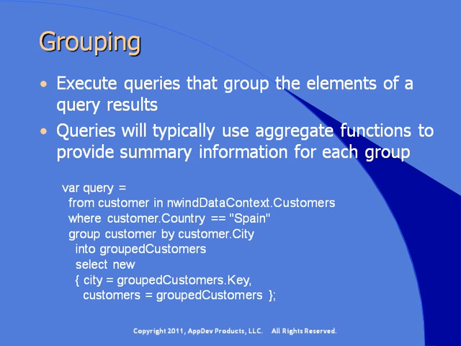I want to see all customers in Spain grouped by city. So my query says go into the customers table, bring back customers where the country is Spain, group the customer by city into a collection called groupedCustomers, and then the actual city I can get by groupedCustomers.Key. And the key property refers to the grouped column. So city is the city, and then the groupedCustomers is the collection of customers.